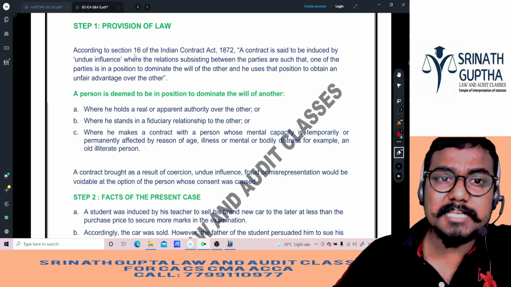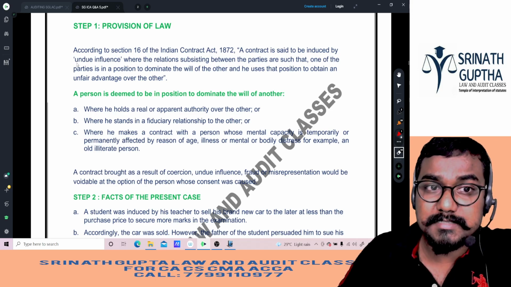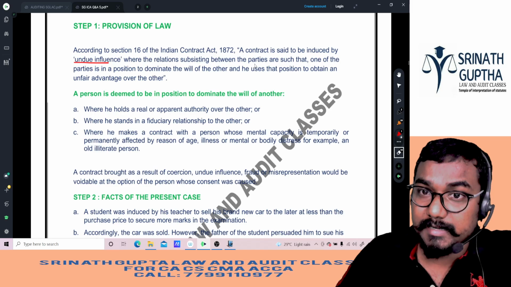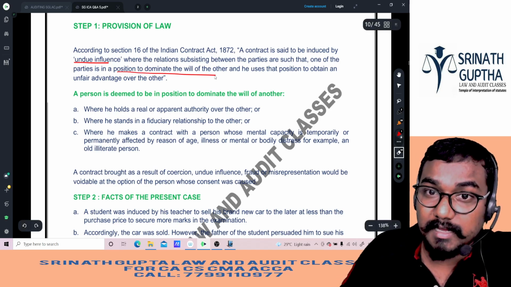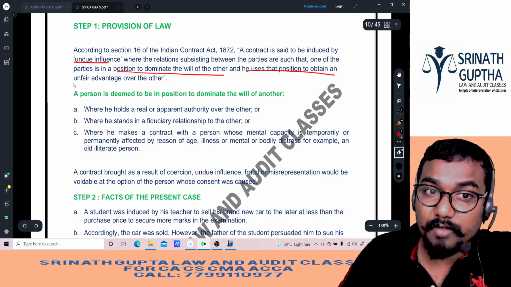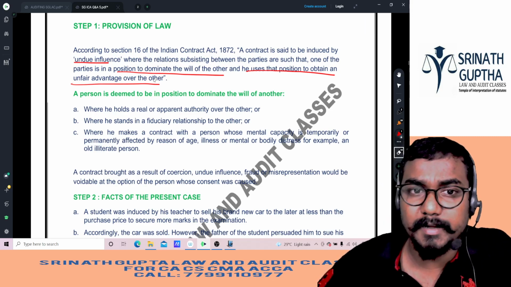As per section 16 of the Indian Contract Act, a contract is said to be induced by undue influence where the relations subsisting between the parties are such that one of them is in a position to dominate the will of the other, and he uses that position to obtain an unfair advantage over the other. Here the student is the weaker party.